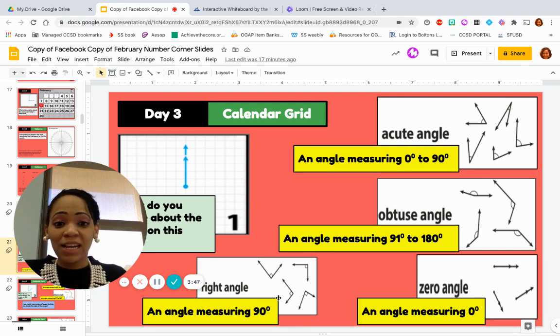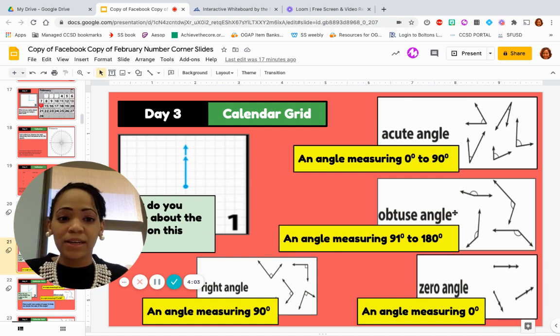Then we have a right angle, which is exactly 90 degrees. And we've seen that because we've named right triangles before. Then you have obtuse angle. Say it with me, obtuse angle, which is bigger than 90 degrees. So an obtuse angle is bigger than 90 degrees.